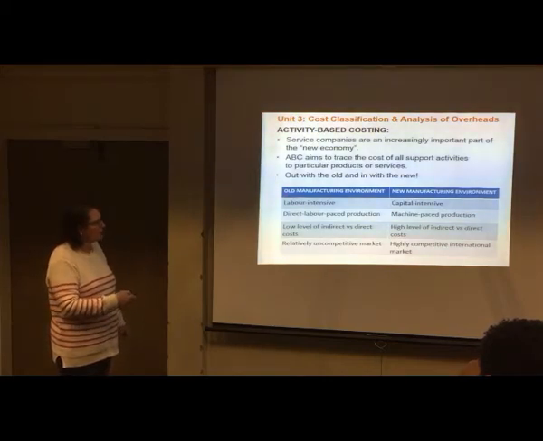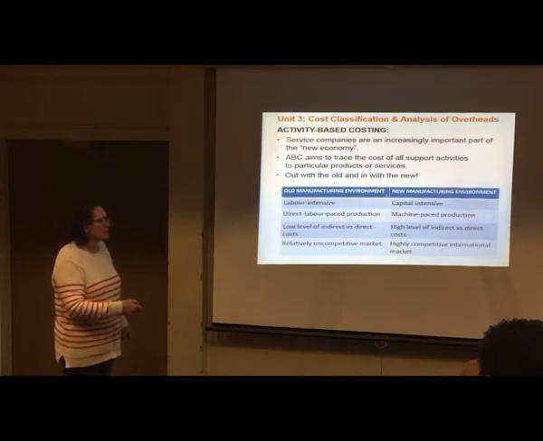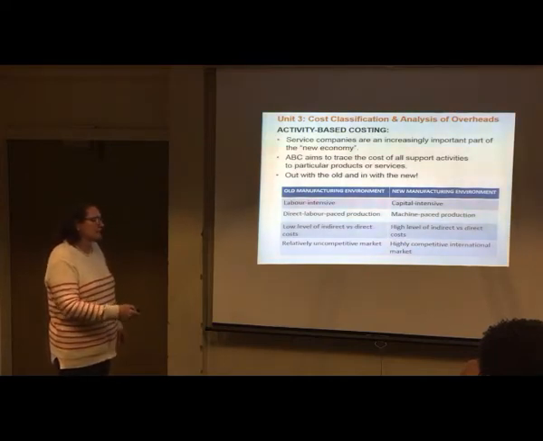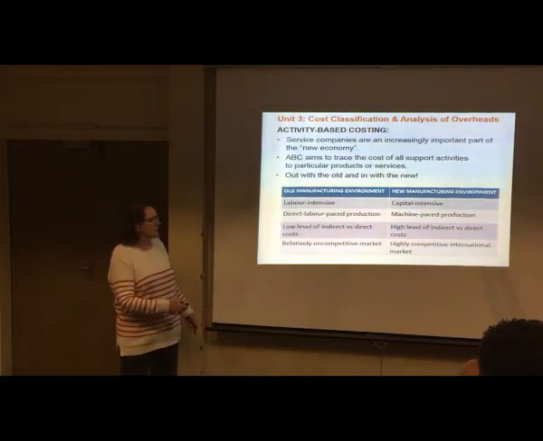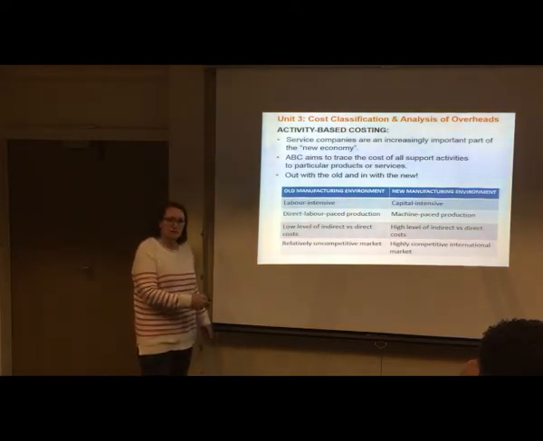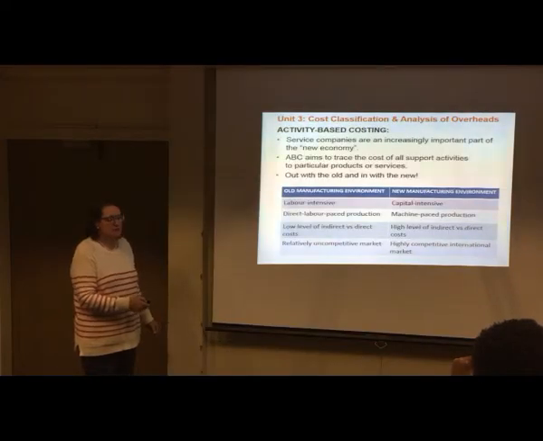So this is our old manufacturing environment, which was more labor-oriented, whereas the new manufacturing environment is more capital-intensive. So if you're thinking fourth industrial revolution, then we're going even more in this direction, aren't we? Okay, it's going to be more capital-intensive and less labor-intensive. The pace of production is going to be determined by machines.